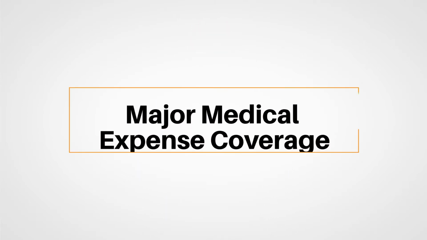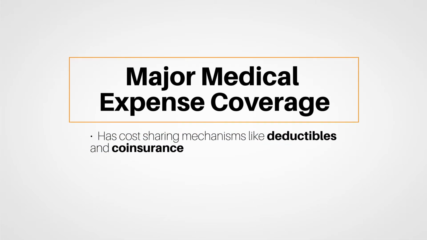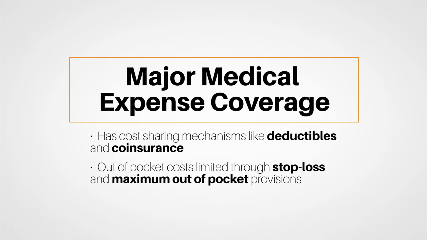However, there are now many alternatives to traditional coverage, like HMOs and PPOs, which have completely different methods of covering individuals. Major medical policies routinely have provisions such as deductibles and coinsurance, which are cost-sharing mechanisms found in these policies. They also have ways that the policy will limit the annual out-of-pocket costs through the use of stop-loss and maximum out-of-pocket provisions.